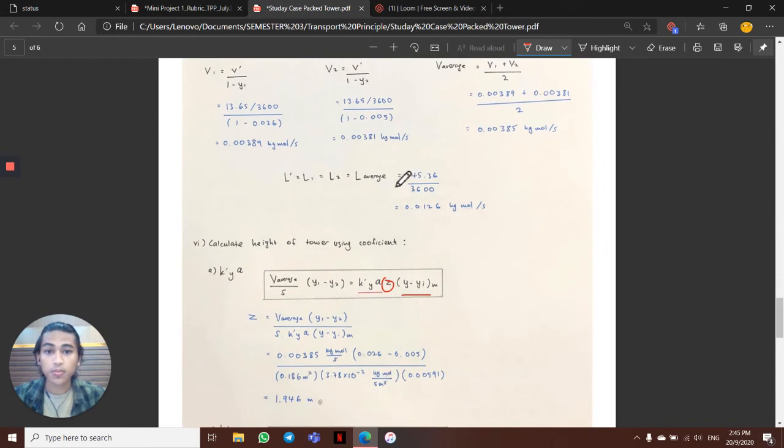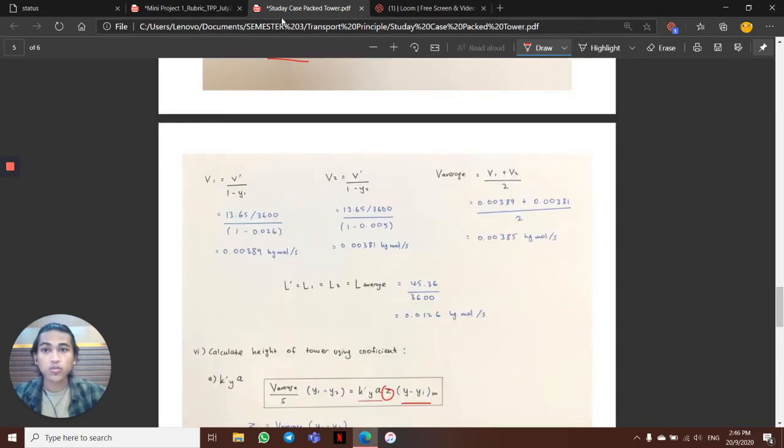Okay, so how do we get the L average? L average for L prime, L1, L2 is all the same. As you can see, 45.36 is already stated in the question. Why do we divide by 3600? As I said just now, it is to convert from hour to second.